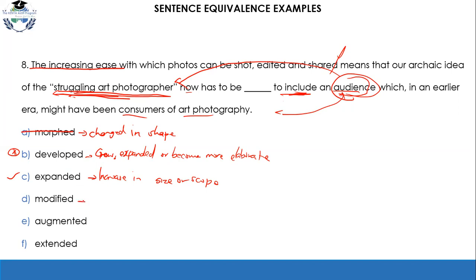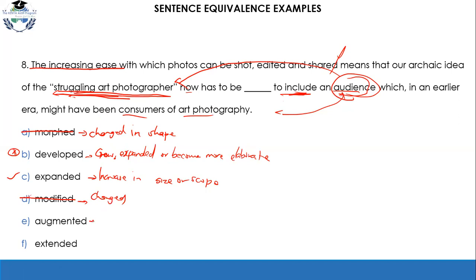So let's look at modified. Modified means changed. Modified and morphed mean the same thing. They are synonyms. So again, we don't really need to change, we just need to improve what we think a struggling art photographer is.